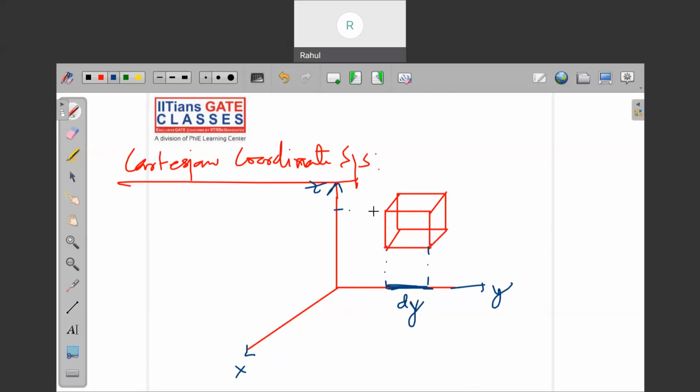And the projection on the z-axis is going to be dz, because we are considering the small element. So differential element means what? The small element. Differential means the small element we are considering, some small part of this z-axis. And here it can be taken as dx, right?